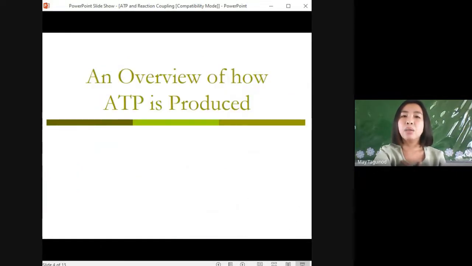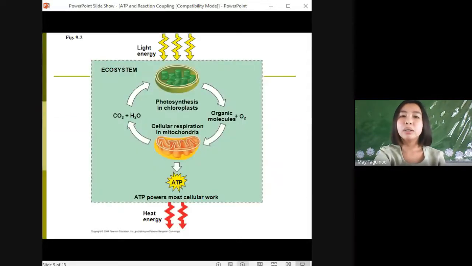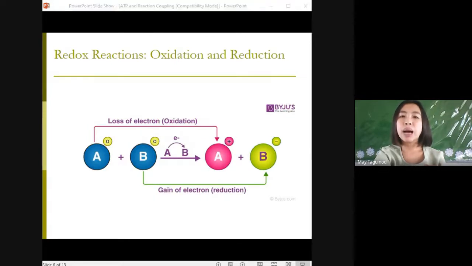An overview of how ATP is produced. On your screen is the illustration of energy flow and chemical recycling in ecosystems. But before this, let's talk about redox reactions, or oxidation and reduction.